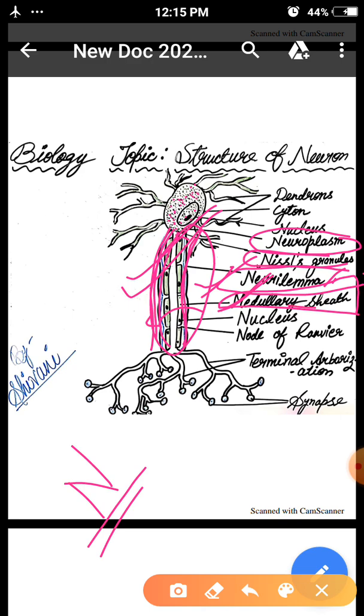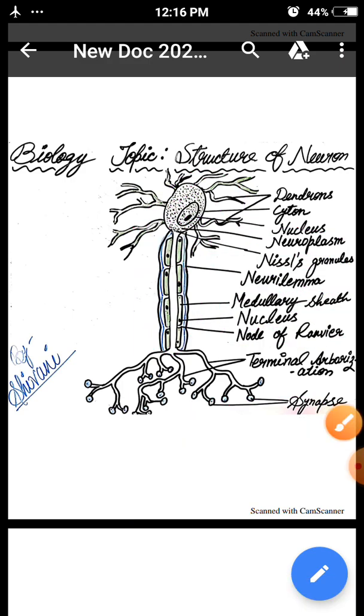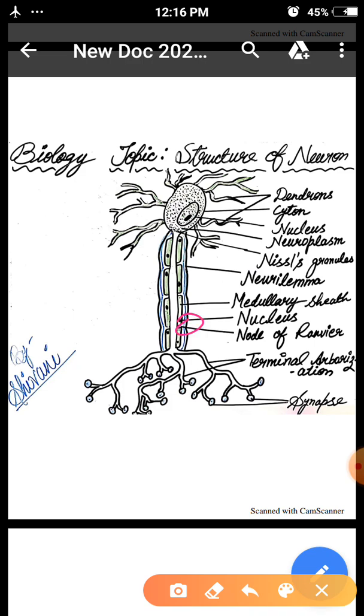And the nucleus is also present in the axon body, as in the cyton the nucleus is present. Then after there is another structure called the node of Ranvier.